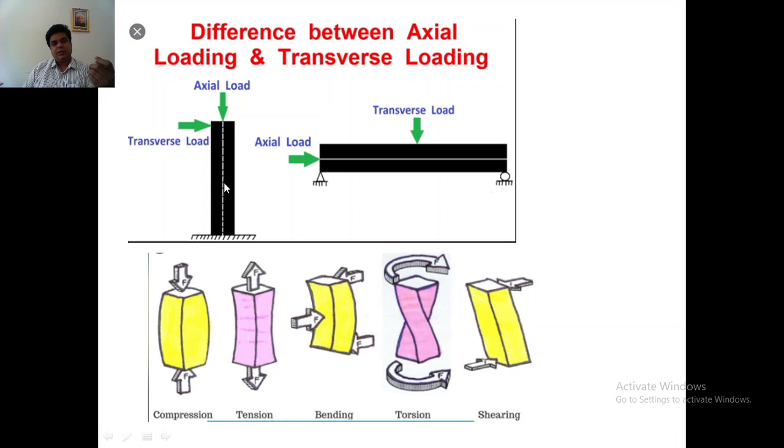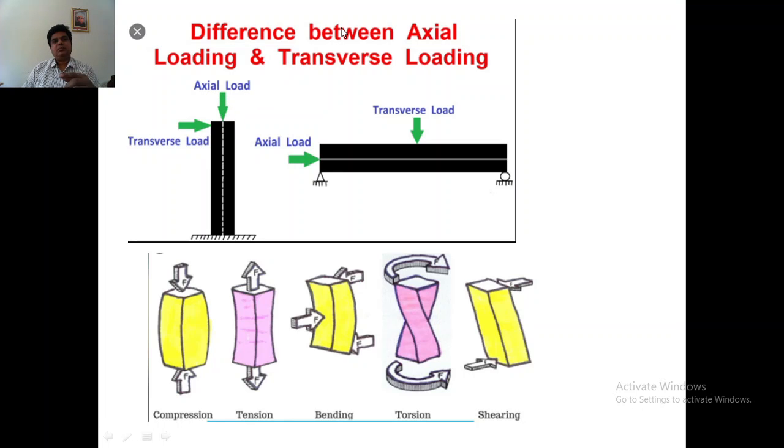So you can use the word structure or member or something like that, because they are part of a mechanical system or maybe a civil engineering system. So in this case you have a structural member which is vertical along the length here, and depending on in which direction the load is applied, we have axial load and transverse load.